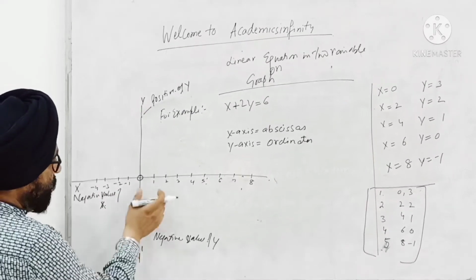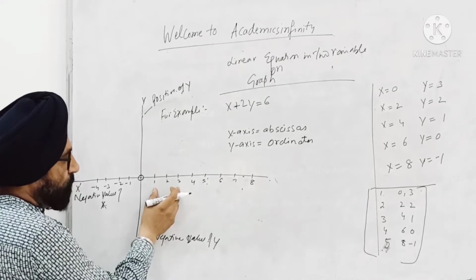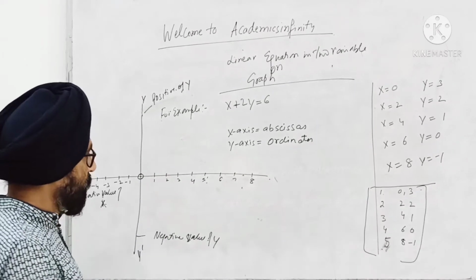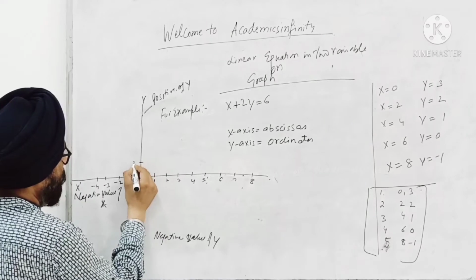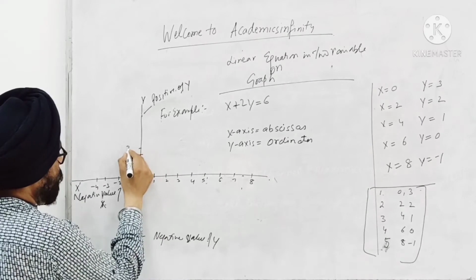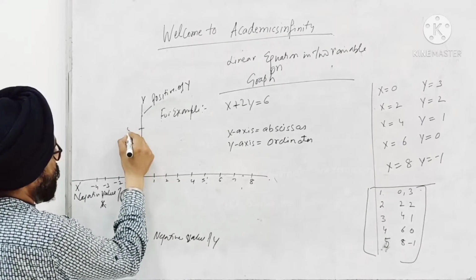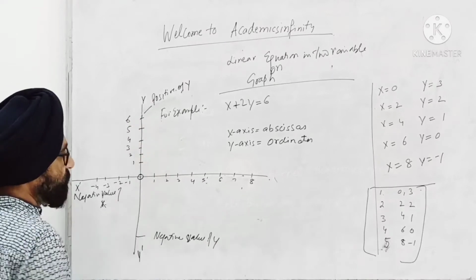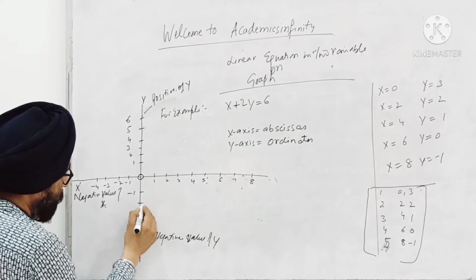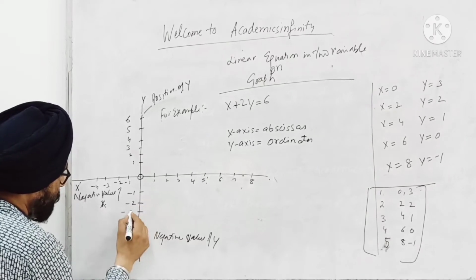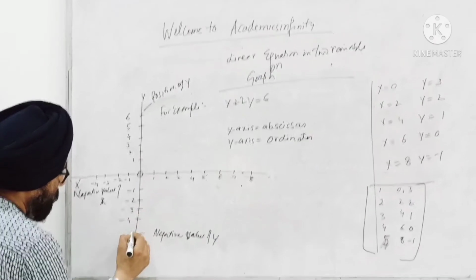The gap between the values must be the same. Again on the y side, 1, 2, 3, 4, 5, and 6, and on the negative side, negative 1, negative 2, negative 3, negative 4, negative 5.